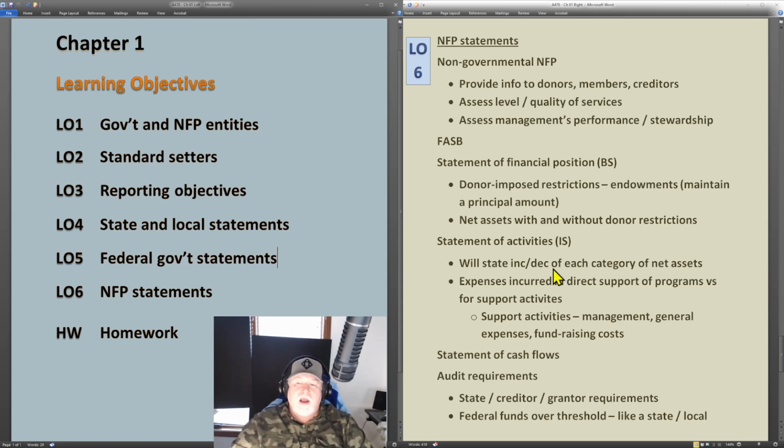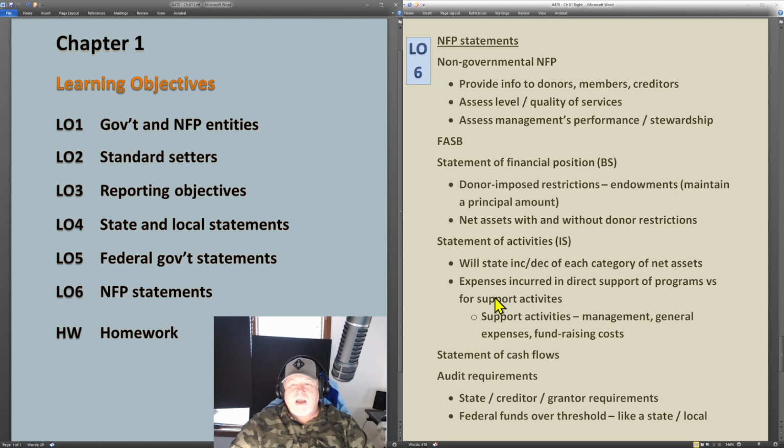And of course, you notice again, even though I'm saying it's like the income statement, it's like the balance sheet, we don't use those terms. It's the statement of financial position. Financial position oversees economic resources. The statement of activities oversees financial resources.